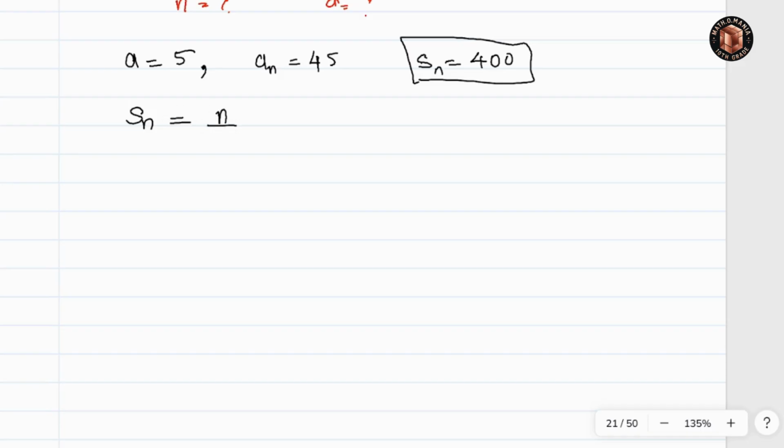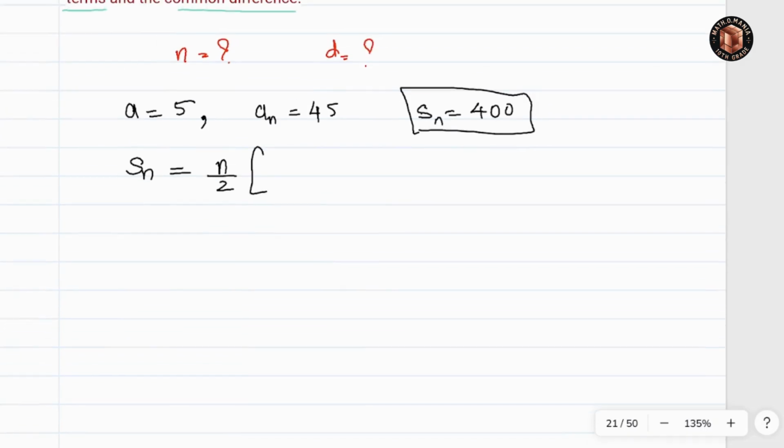We know that two things are unknown. So actually we have learned about two equations. The first equation is what? n by 2 into (2a plus (n minus 1) into d), and one more equation we have learned, that is n by 2 into (a plus an). These two equations we have learned for finding the Sn.